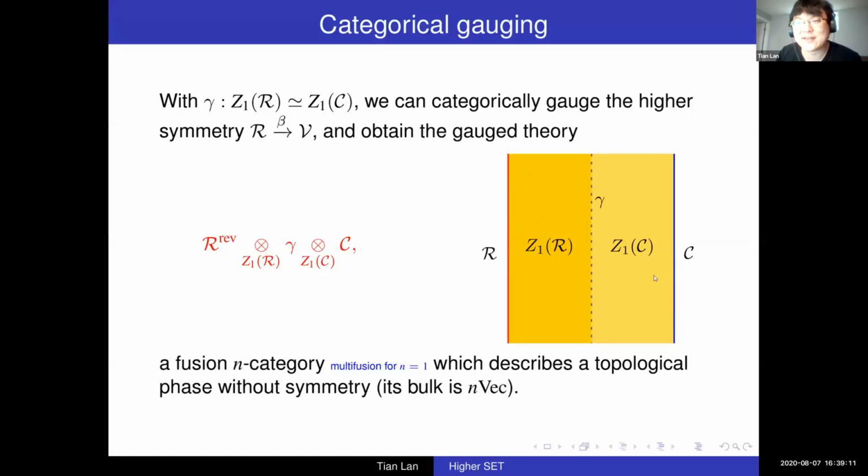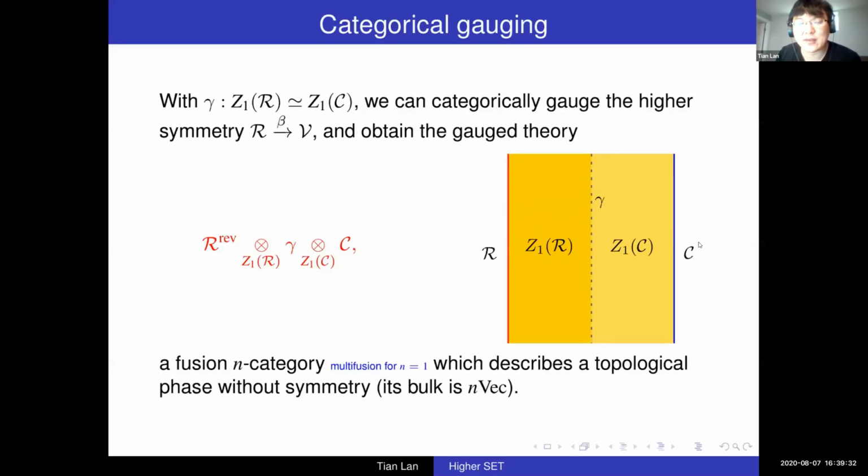So possibly this gauging will be something unstable, but I conjecture that in higher dimensions it should always be stable. So it's basically a new way of categorical gauging we are proposing in our paper.